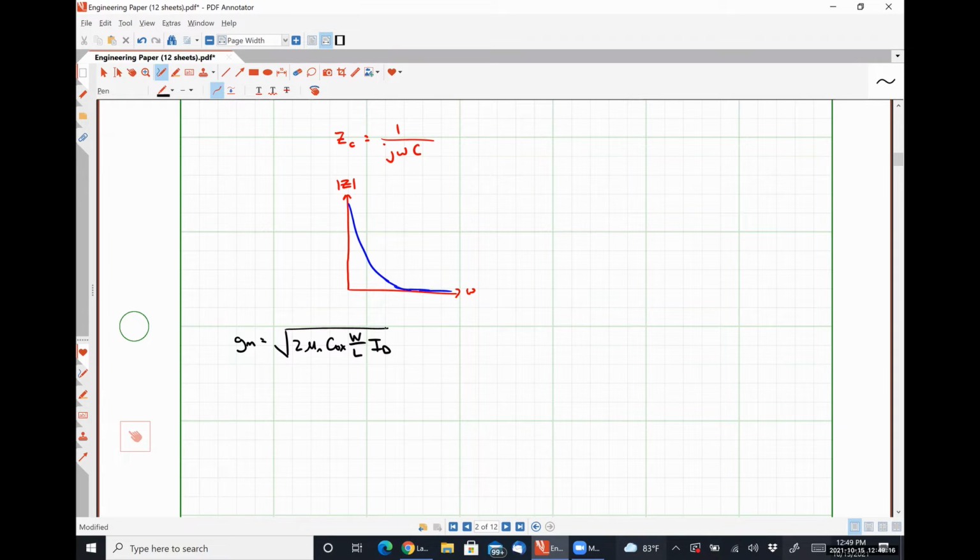So this guy is established by DC analysis. Our resistance rout is 1 over our channel length modulation coefficient multiplied by that same drain current ID.